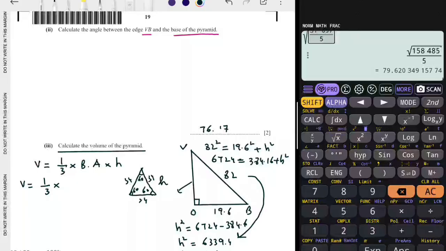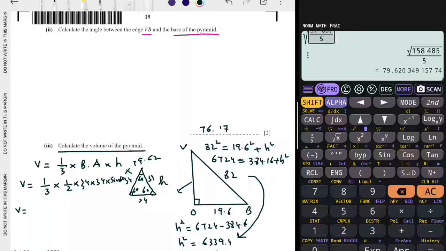So we use the formula to calculate area, that would be 1 over 2 into 34 into 34 into sine 60 times height, that is 79.62. Now we will simplify it.